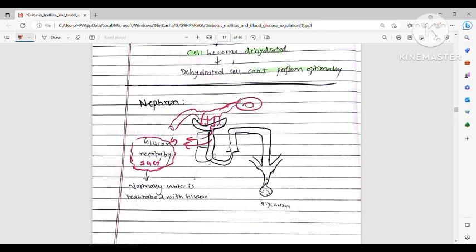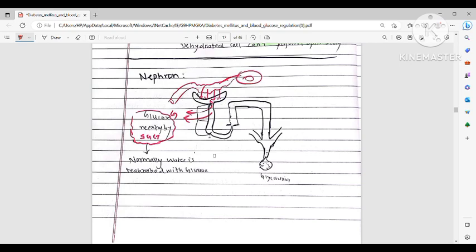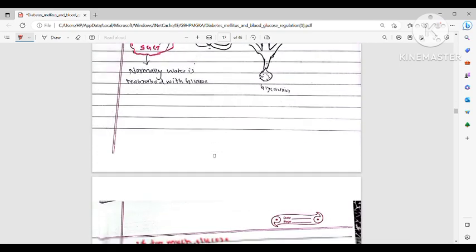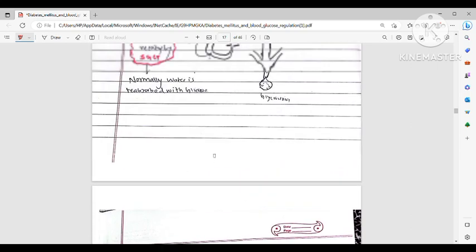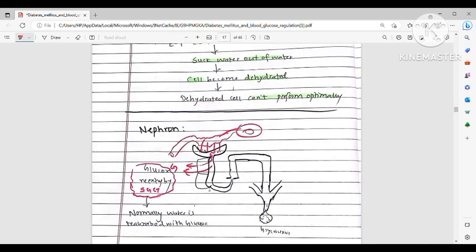Then what happens in the nephron? If too much glucose is present, then all glucose cannot be reabsorbed. Initially, all the glucose is filtered here. From the proximal convoluted tubule, 100% of glucose is normally reabsorbed.